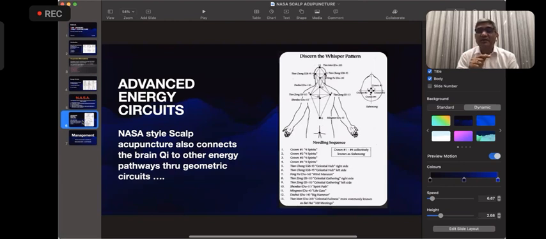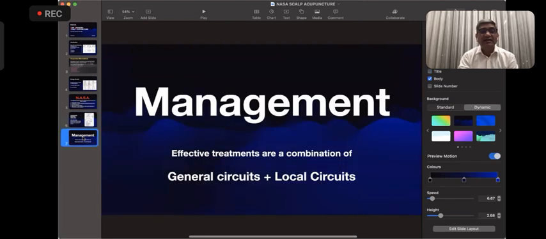Now, this is the beauty of NASA. These are the special circuits which give special effects. So, friends, you have to understand that you have to combine the healing energies of general circuits with the local circuits.